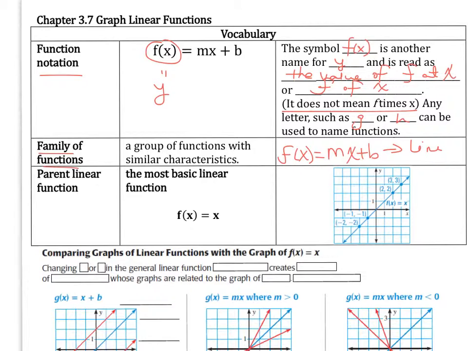The parent linear function is the most basic linear function, f of x equals x. The graph of the parent linear function is what we have here in the picture to the right. It looks like a line that cuts the xy coordinate plane in half.